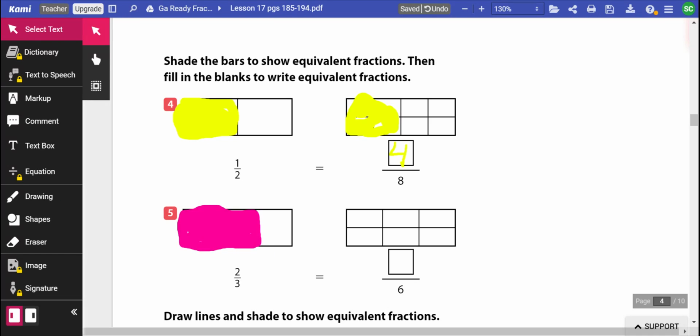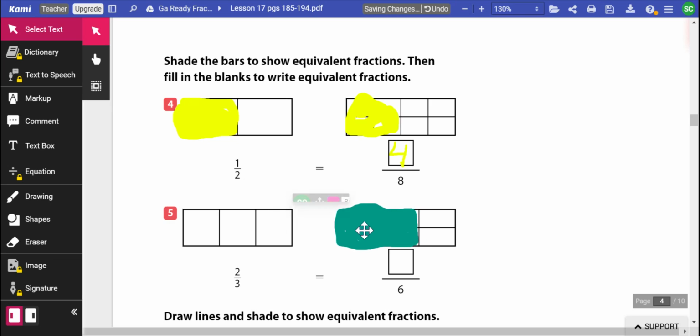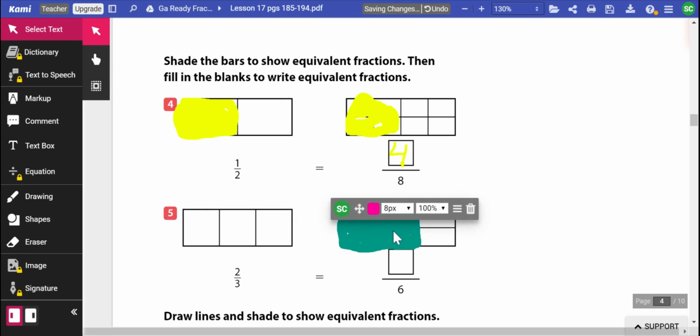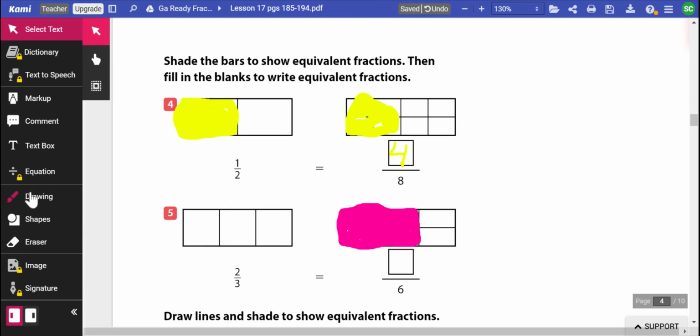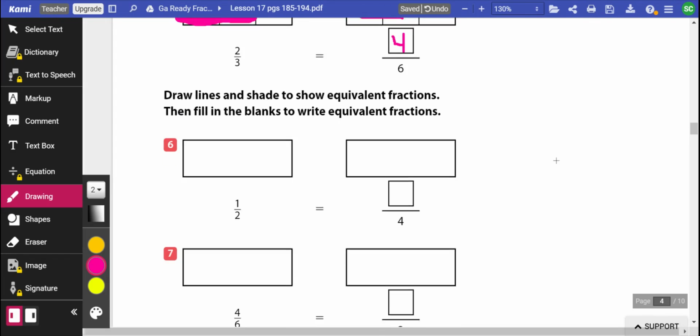You'll notice that both of my rectangles are the same size. They're just partitioned differently. So when I put that over here, that's going to be 1, 2, 3, 4 of my sixths. You can do it prettier than that. There's mine.